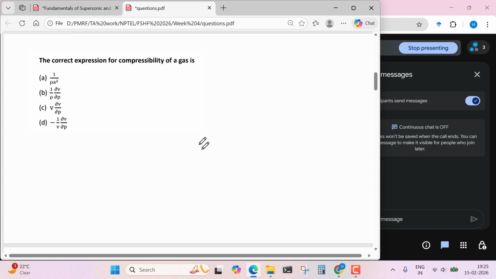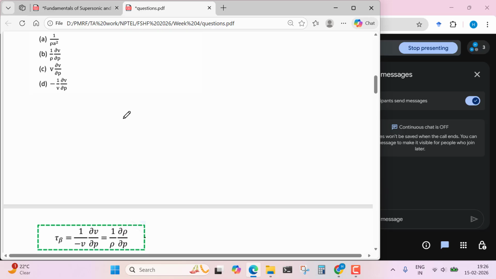Second problem. The correct expression for compressibility of a gas is: A, 1 upon rho a square. B, 1 upon rho dou v upon dou p. C, v dou v upon dou p. D, minus 1 upon v dou v upon dou p. What will be the answer?